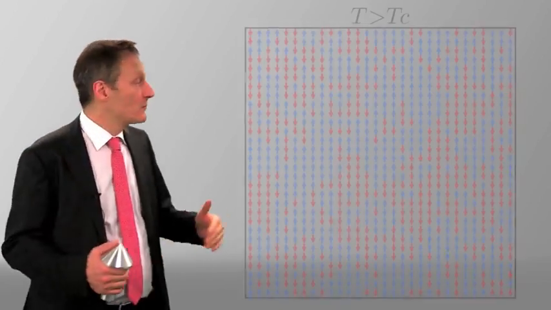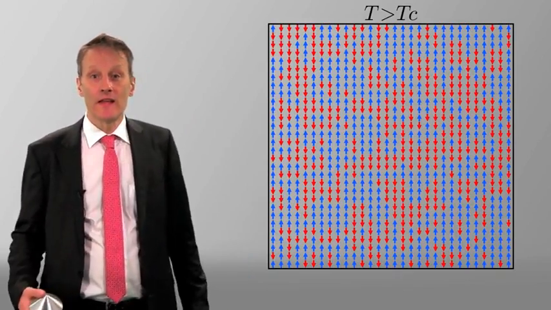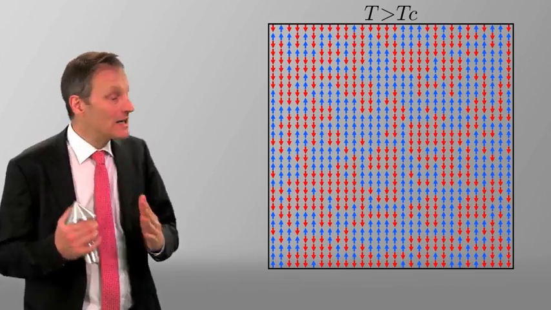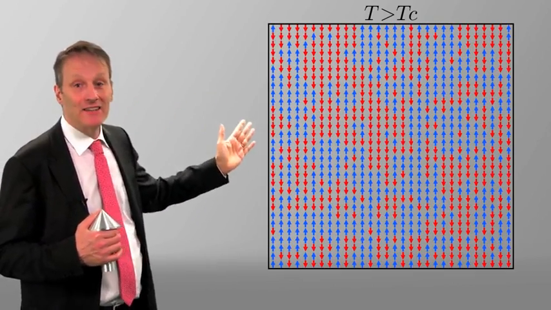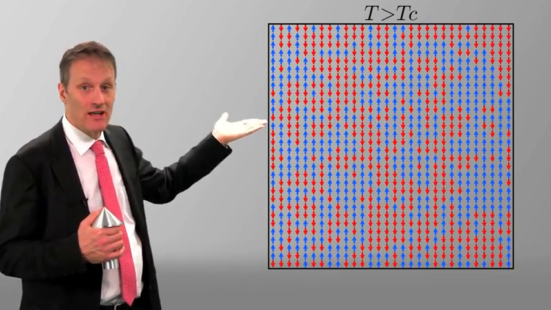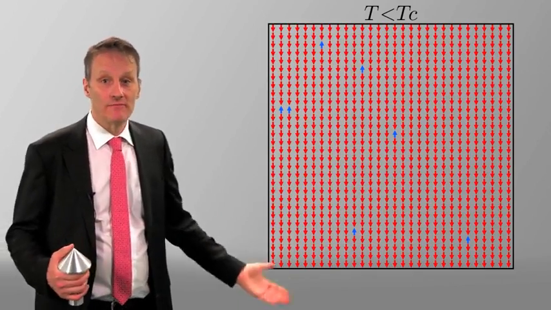You can also simply look at configurations as a function of temperature, and you see a very clear qualitative difference between the paramagnetic regime at high temperature and the ferromagnetic regime at low temperatures.